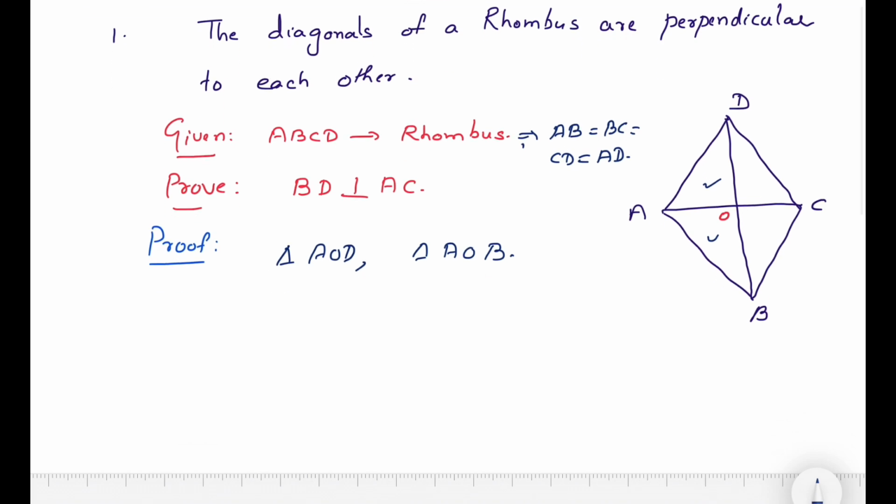So AOD: side AD equal to AB. The reason is ABCD is a rhombus.